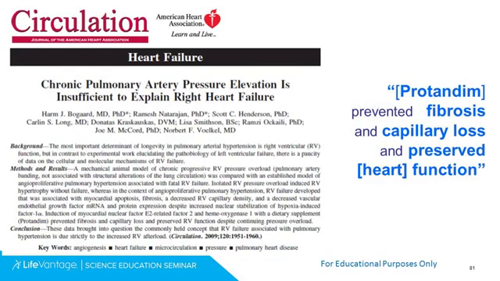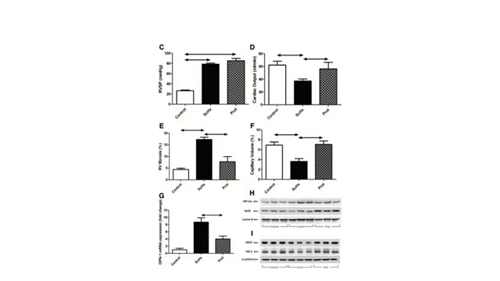Now, as I told you earlier, the article that really caught my attention about this whole NRF2 thing was this article right here, the one in Circulation. And what they found in this study was that Protandim prevented the fibrosis and the capillary loss and preserved heart function in pulmonary arterial hypertension, which is pretty profound, and we could go into great detail about this, and I'd love to because I'm a cardiologist.